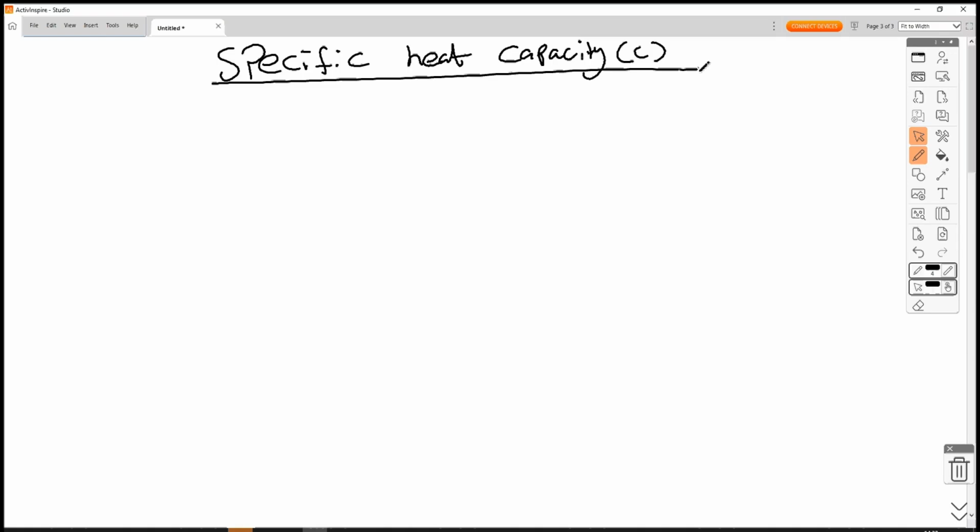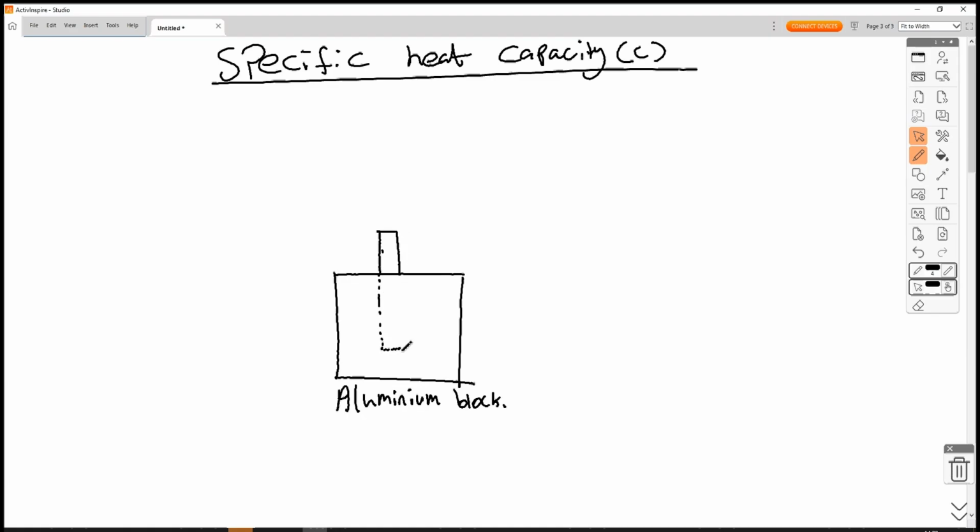So let's say we have some material, for example, an aluminium block. And we place inside this block a heating element. And that heating element is connected to a circuit that can supply it with some energy.